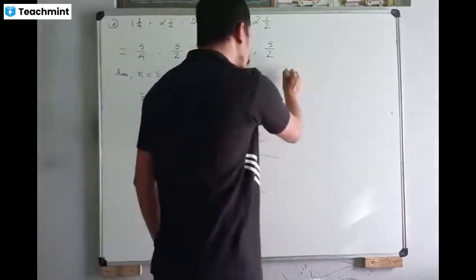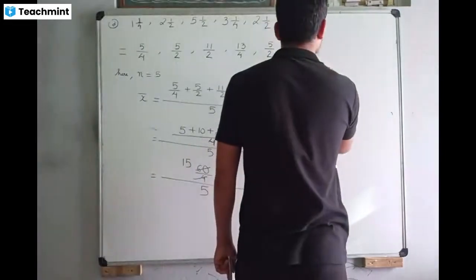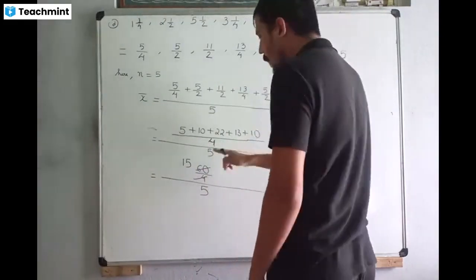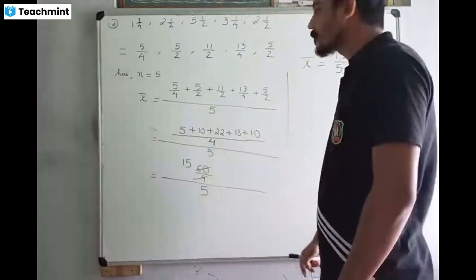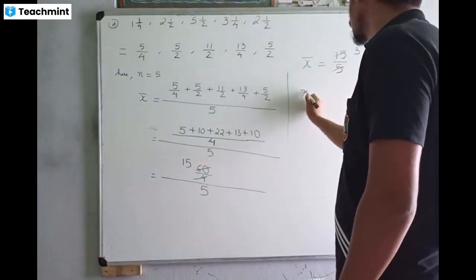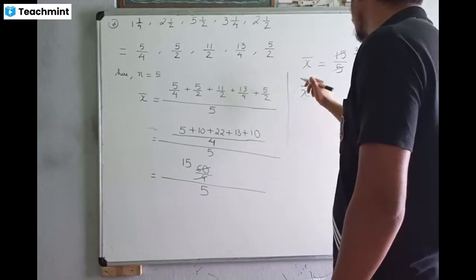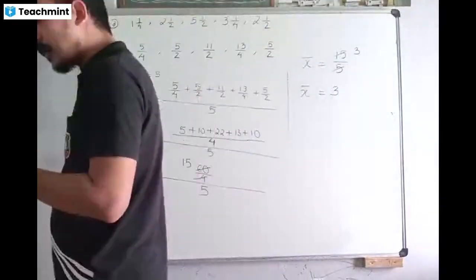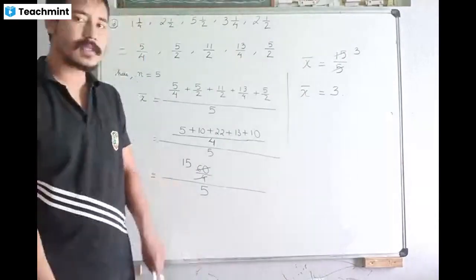So your arithmetic mean is now equal to 15 upon 5. And 60 upon 4 is 15. So 5 times 3 is 15. So the arithmetic mean of the given series is 3.